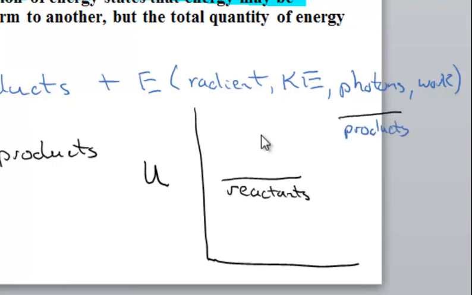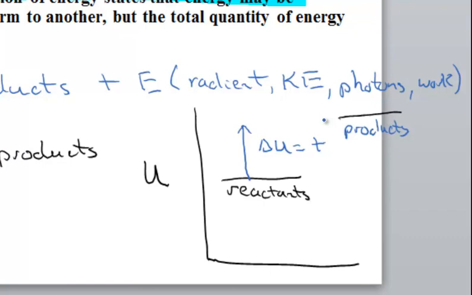From reactants to products, that's our change of internal energy, and in this case, that change would be a positive number, meaning energy would have to be flowing into the system, into the reactants, to make the products at a higher internal energy.